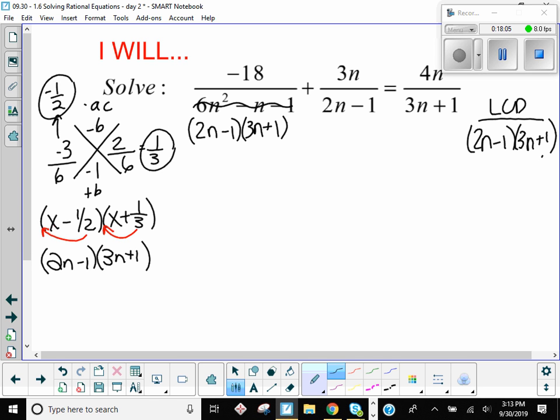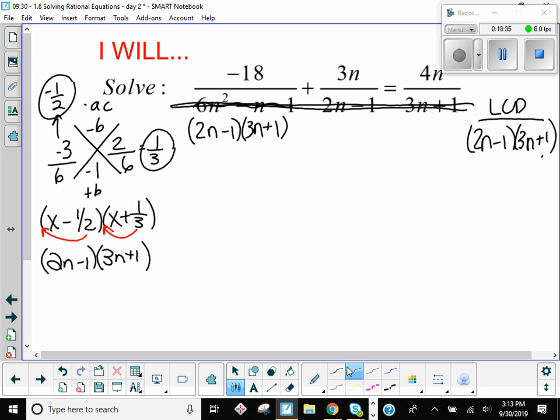We already know we're trying to drop the denominators, right? So I'm just going to drop them right now. And then we already know the tops are going to be multiplied by whatever's missing in the bottom, so I'm just going to write that on the tops. In the first fraction, what's missing in the bottom? Nothing. So I don't have to do anything to the top.